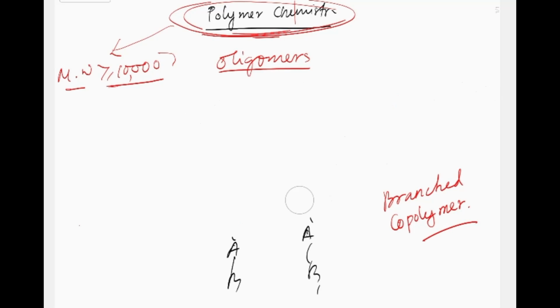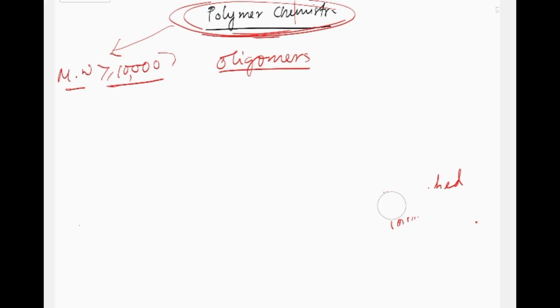So the most important part from this is the degree of polymerization, that is how many monomers are attached in a polymer chain. Suppose a polymer structure is like this: A, B, A, B, A, B, A, B, and it is going on. Then what is the repeating unit in the polymer?